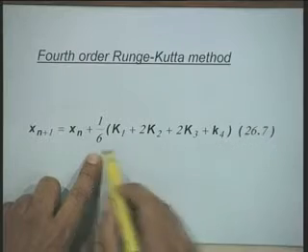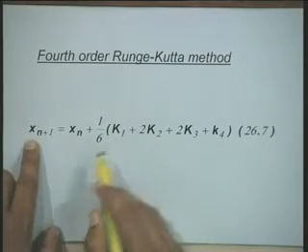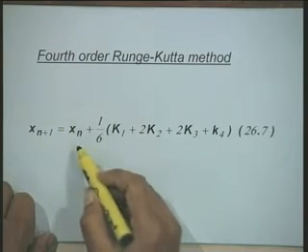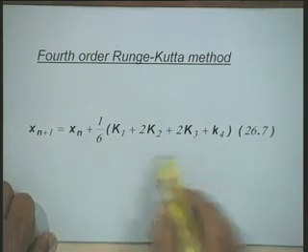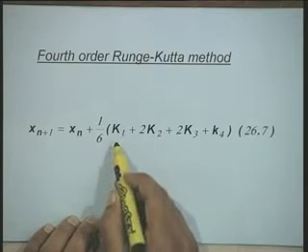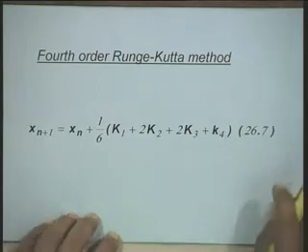I will explain these k terms. Here you obtain the value of x n plus 1 in terms of the previous value plus this term. This is basically delta x. Now, these terms k 1, k 2, k 3 and k 4 are defined as follows.